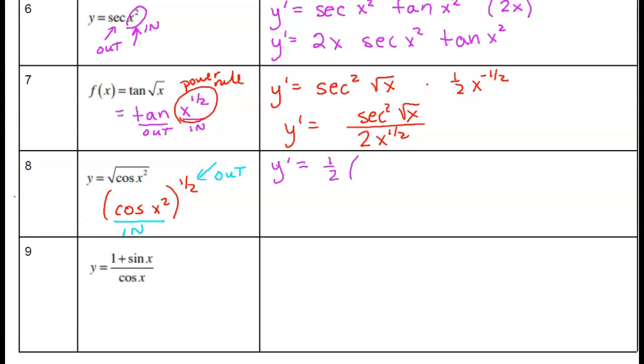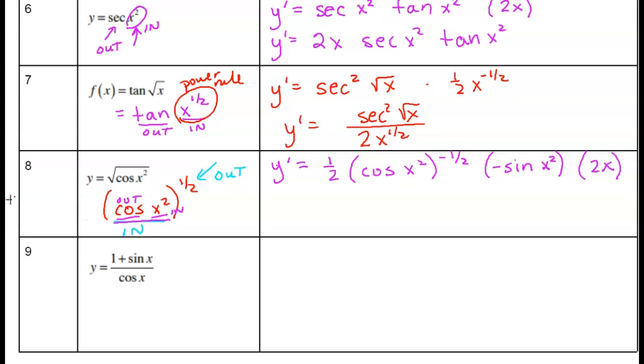We bring the 1/2, the inside all stays the same, and we subtract 1. Then I'm going to ignore that, and I just do the derivative of the inside. Well, it has an inside and an outside. So the derivative of cosine is negative sine. The inside stays the same. And then we multiply by the derivative of its inside, x squared, which is 2x.